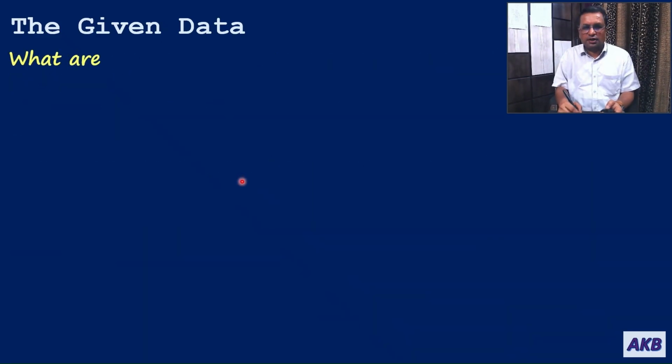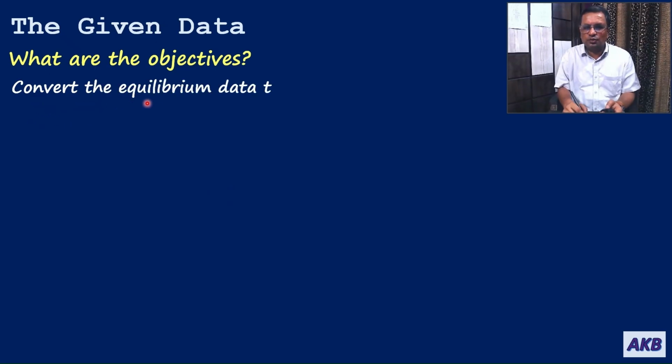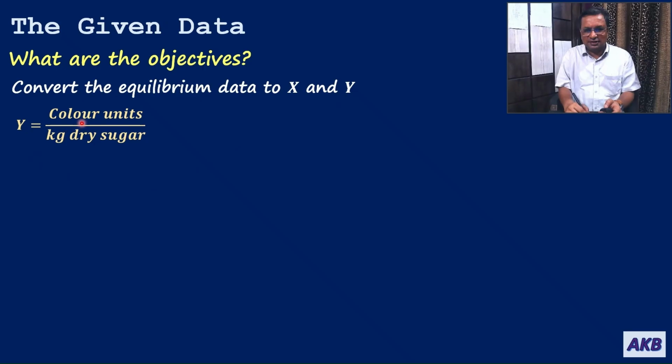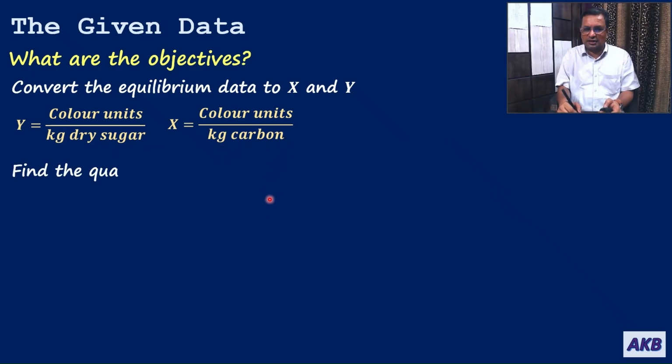Let us move ahead. What are the objectives? The first objective is to convert the equilibrium data to capital X and capital Y. Capital Y is color units per kg dry sugar, and capital X is color units per kg carbon.